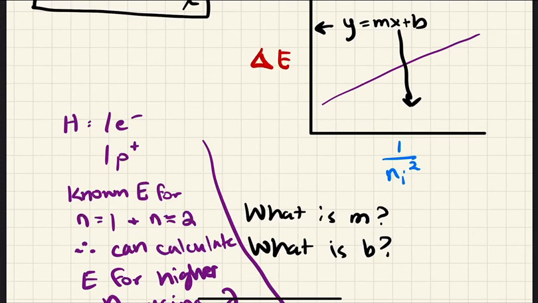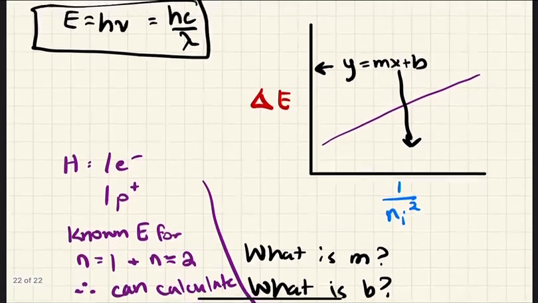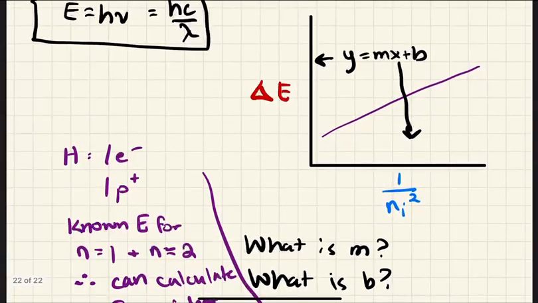And since b is a y-intercept, it's essentially when this line crosses 0 for 1 over the energy level squared. This would essentially happen at the point where n is equal to infinity.